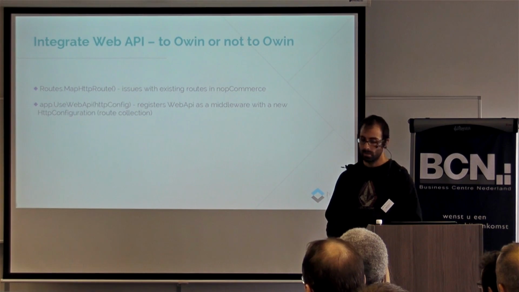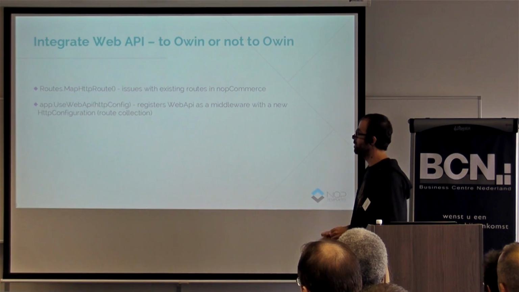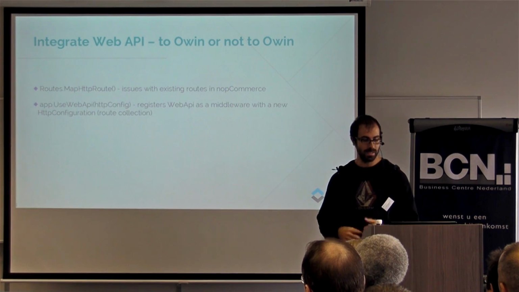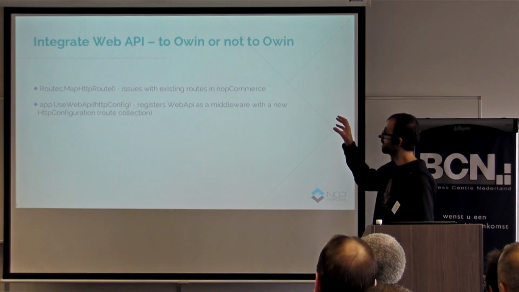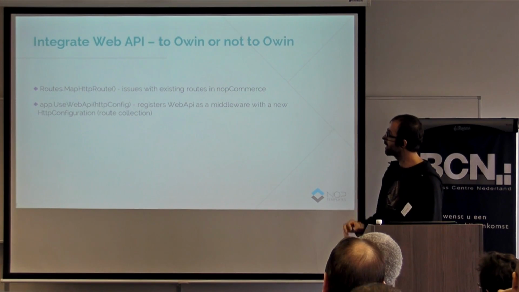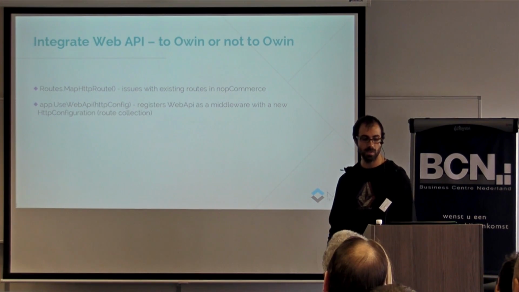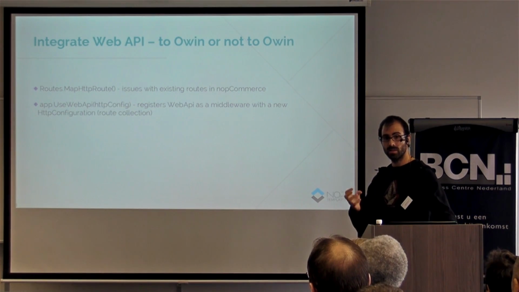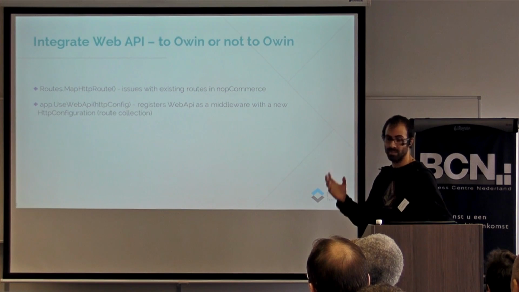So it didn't make sense to use Web API outside OWIN. But we tried to do it just for testing purposes, and we quickly realized that it's not going to work because we cannot register the Web API routes before the nopCommerce routes. And Web API, by the way, has wrappers around its routes and around its request handlers.